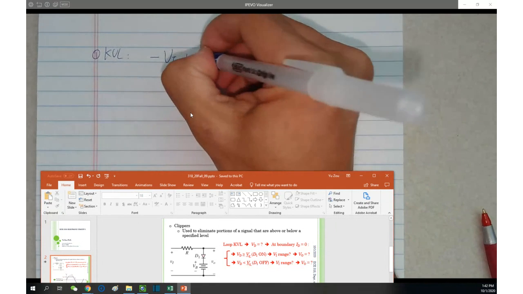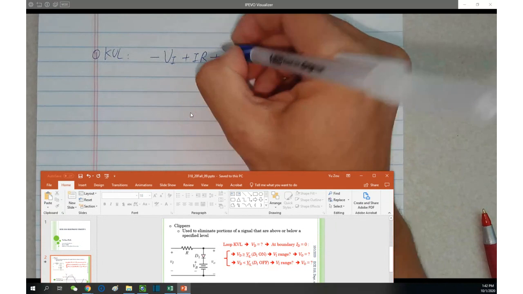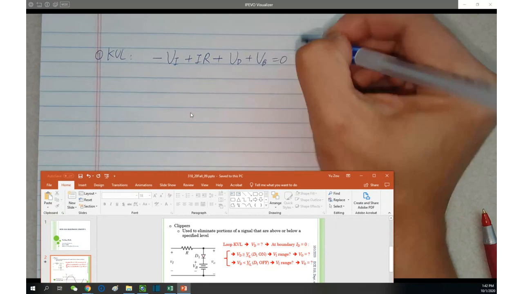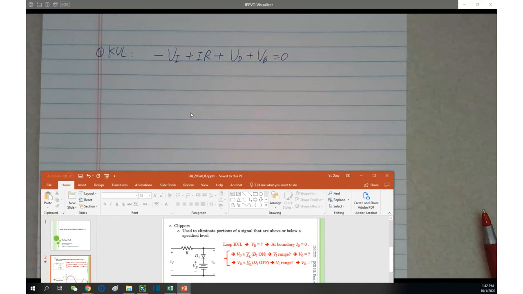A single loop circuit is fairly easy. Don't think too much, don't overthink it. Just go inside of this loop. Does that make sense?